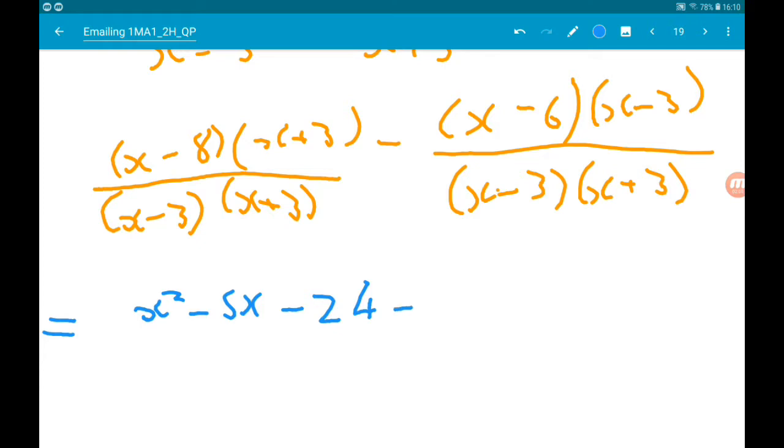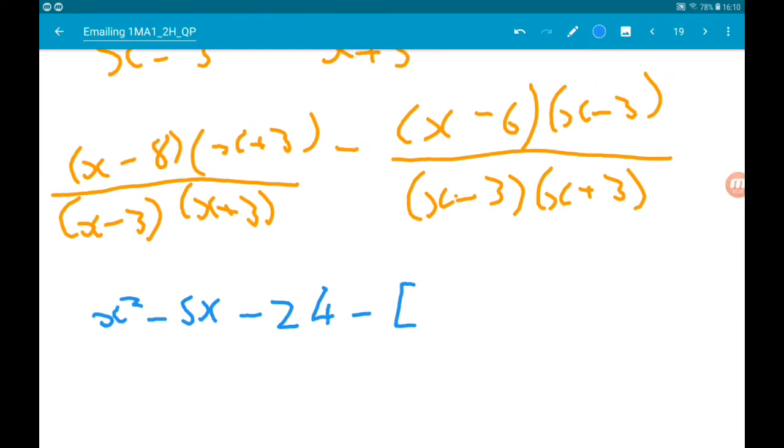So I'm going to do the second expansion inside of some big brackets. So now we're doing x minus 6 times x minus 3. So that's going to give us x squared minus 6x minus 3x is minus 9x. Minus 6 times minus 3 is going to give us plus 18.